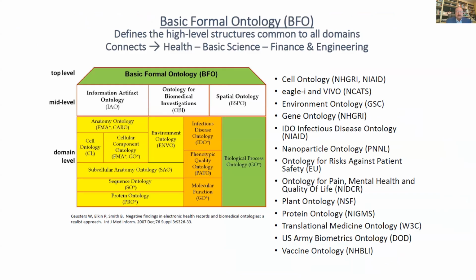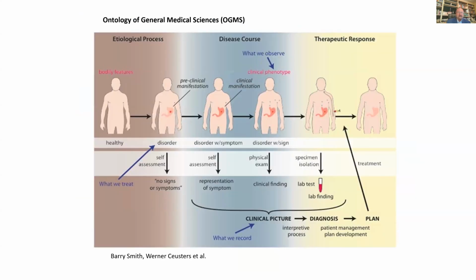And we use ontology. Barry actually was one of the founders of the Basic Formal Ontology, and many scientific ontologies have revolved around that. And I have worked with him and Werner Ceusters on some of their ontology projects. They use and advocate for the Ontology of General Medical Science to take care of the course of illness in the representation of the knowledge.